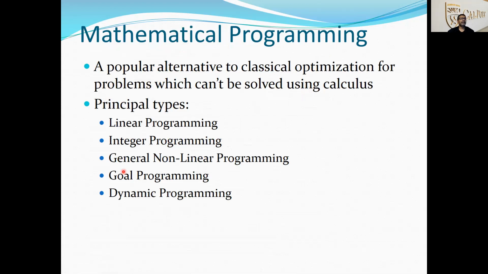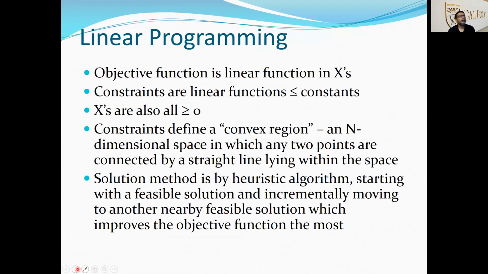A popular alternative to classical optimization for problems that cannot be solved using calculus includes linear programming, integer programming, general nonlinear programming, goal programming, and dynamic programming. In linear programming, objective functions are linear functions in the X's. Constraints are also linear functions that are less than or equal to constants.